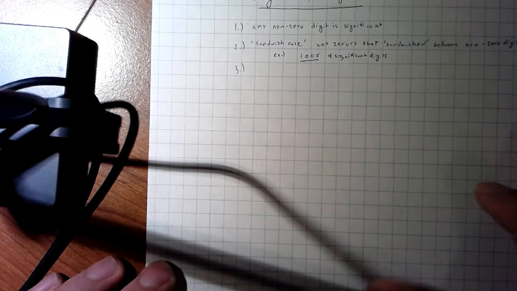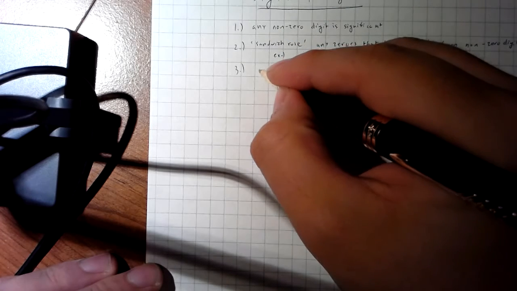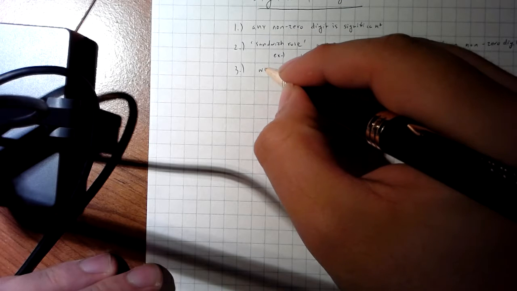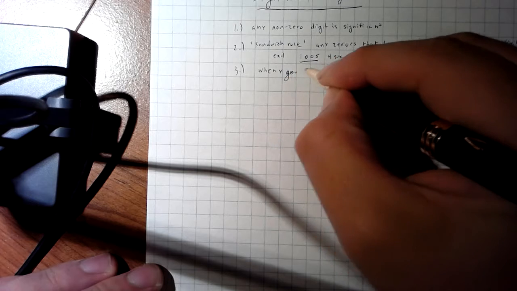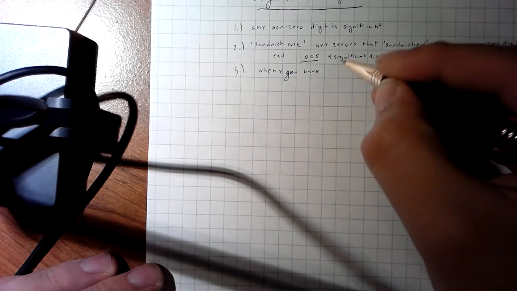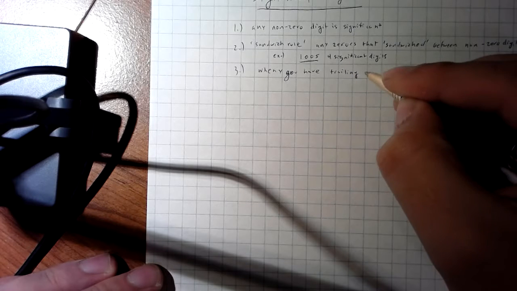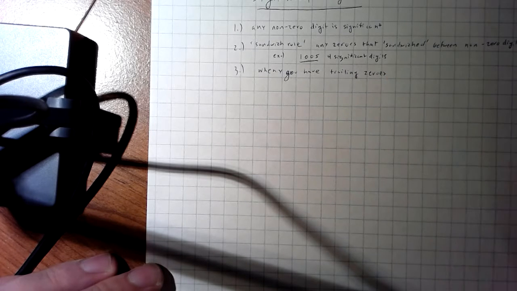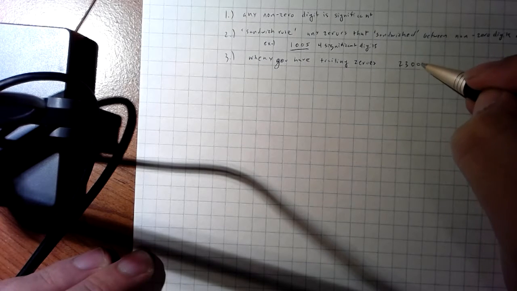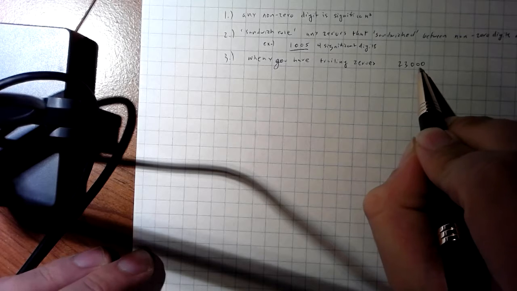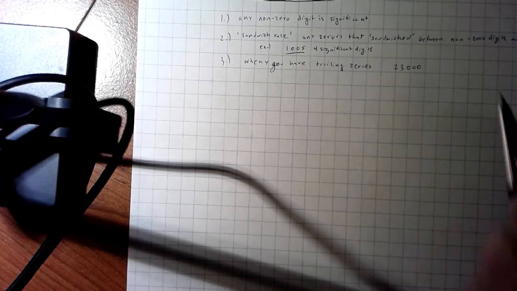Okay. Our third rule is about trailing zeros. Let's talk about what that means. If you had a number like 23,000, these zeros are called trailing zeros because they're just after all of the non-zero digits.